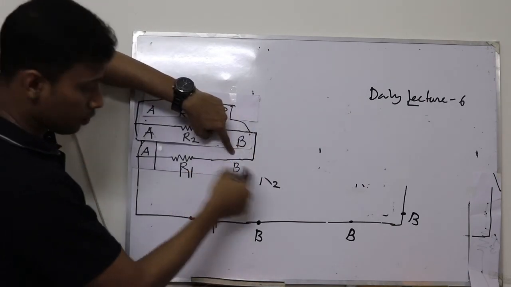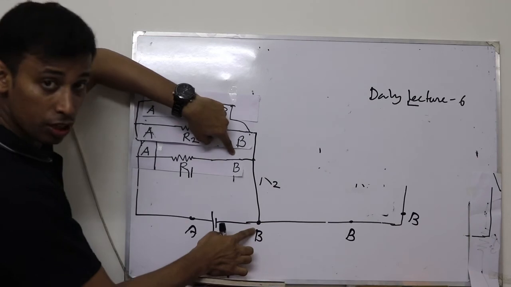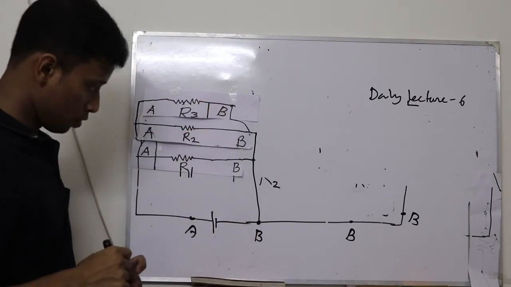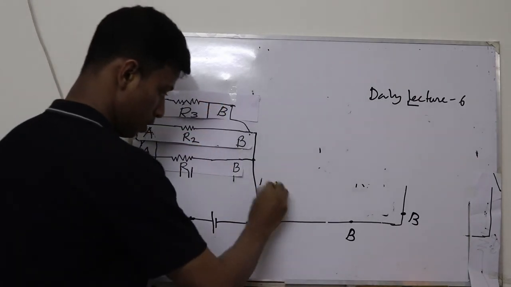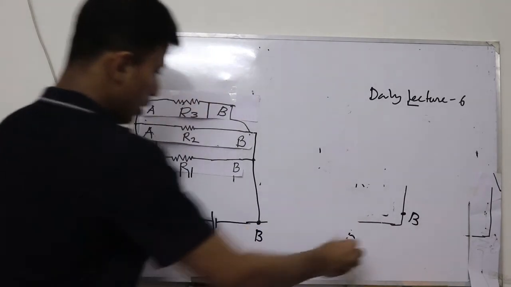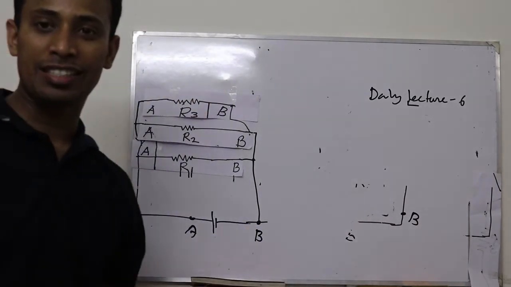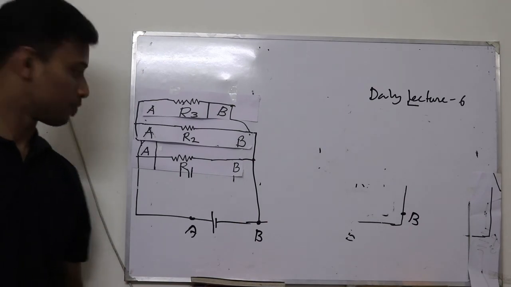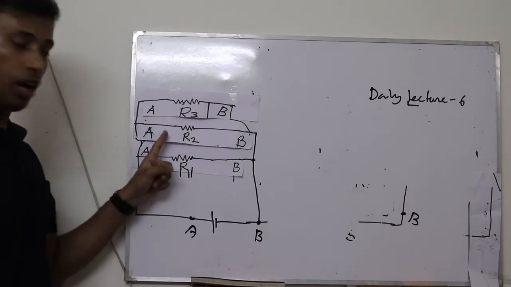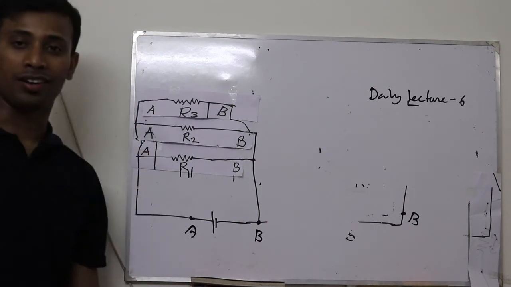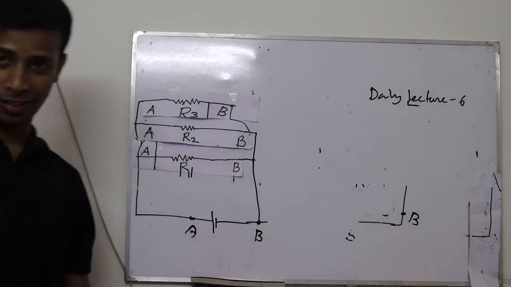This one is B, and this is also B. Now just tell me how this circuit looks. R3, R2 and R1 are now in parallel.